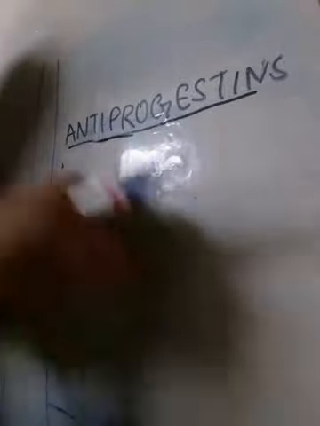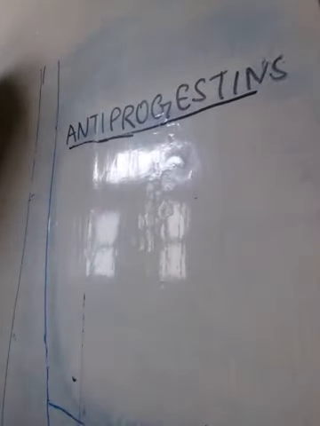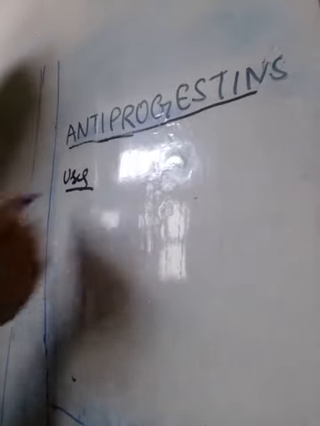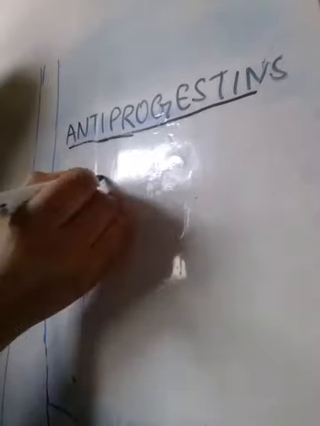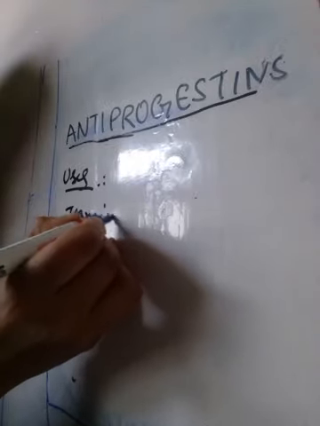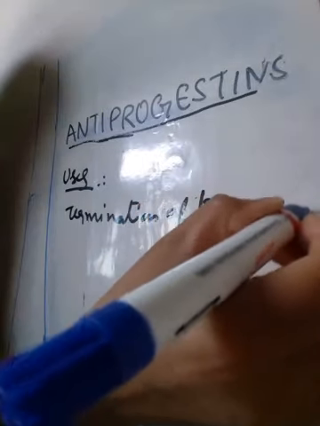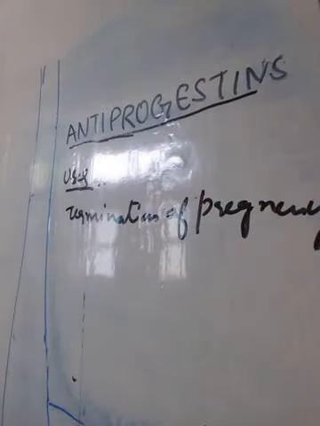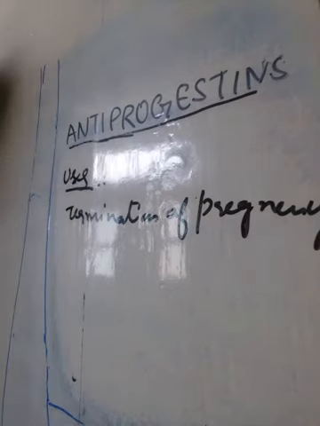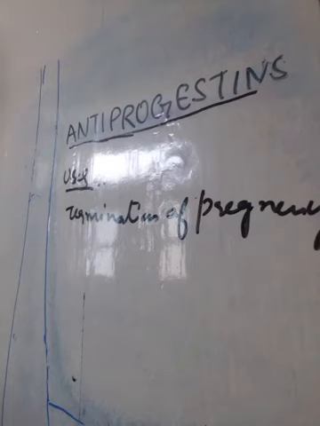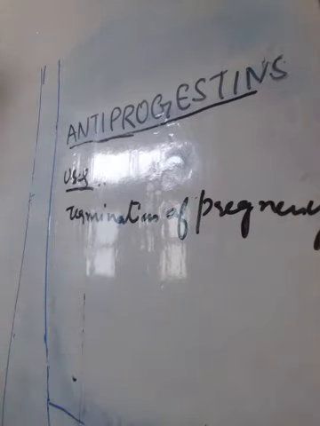Now we will study about the uses of mifepristone. It is used in the termination of pregnancy. When there is a need for termination of the pregnancy, for example, when there are birth defects in the developing fetus, under the legal laws, we need to terminate such type of pregnancy. In that case, we can give this mifepristone.